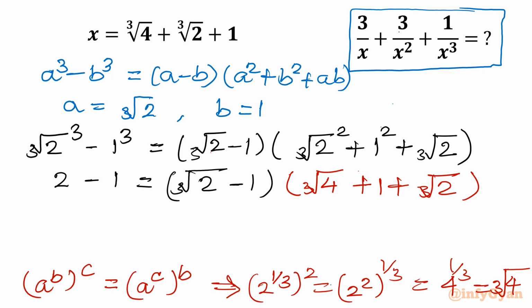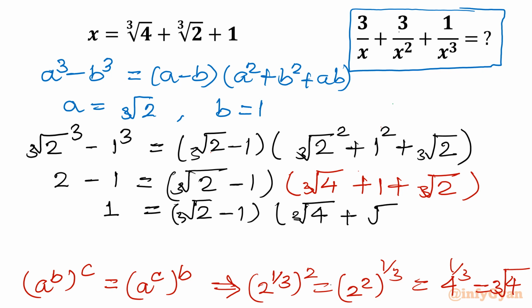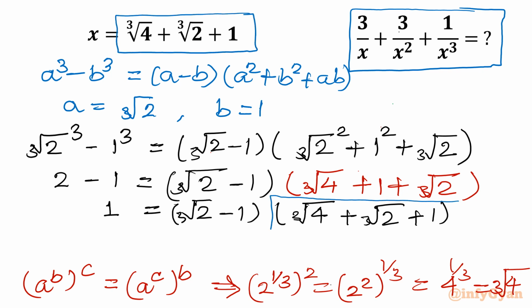Now LHS you can see it is 1. So I will write here 1 equal to cube root of 2 minus 1. In this bracket I will write cube root of 4 plus cube root of 2 plus 1. Now you can see only as per given x, the RHS, this value is here.